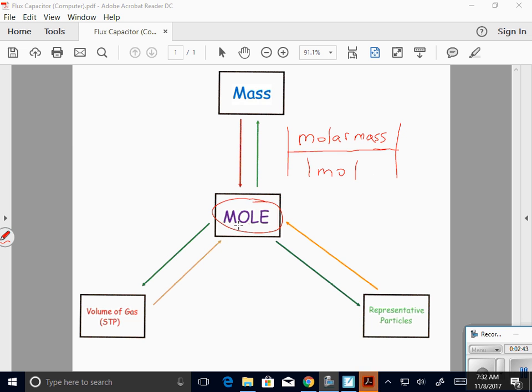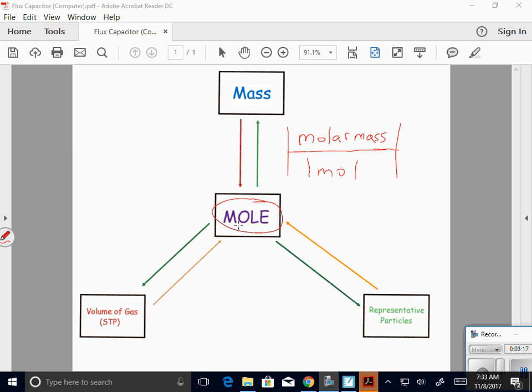Now, unlike Avogadro's number, the molar mass changes. For instance, if I'm looking at Avogadro's number of 1 mole of carbon, it's 6.022 times 10 to the 23rd. If I'm looking at 1 mole of oxygen, how many atoms? It's 6.022 times 10 to the 23rd.